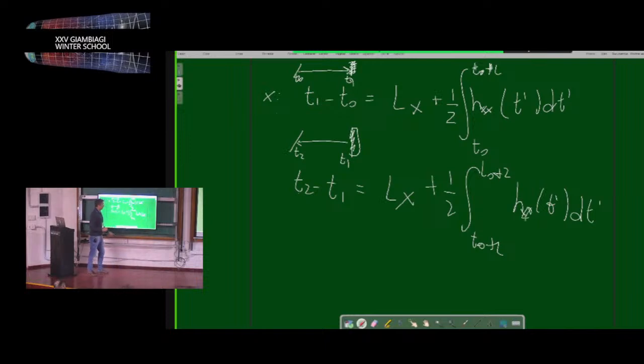Whereas the Y arm is sensitive to HYY. And you remember, for a gravitational wave coming exactly from the Z direction, HYY is exactly minus HXX. So I have an effect with the plus on the X arm, and exactly the same effect with the minus on the Y direction.